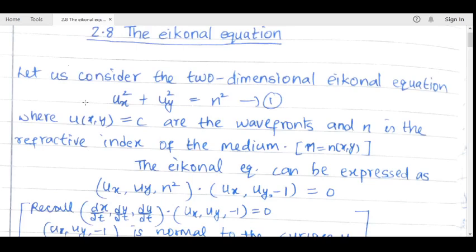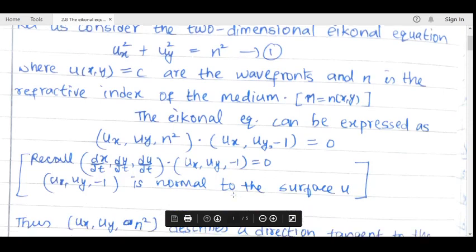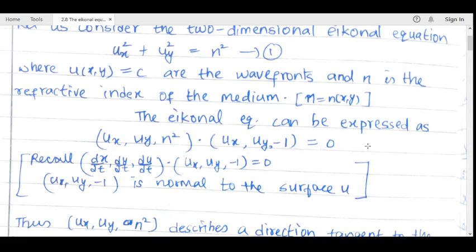Now we can see that equation 1 can be written as the dot product of two vectors. We can write this as (ux, uy, n square) dot (ux, uy, minus 1) equal to 0. As we have studied in the theory of PDE in the first section, (ux, uy, minus 1) is a normal which points downward to the surface.